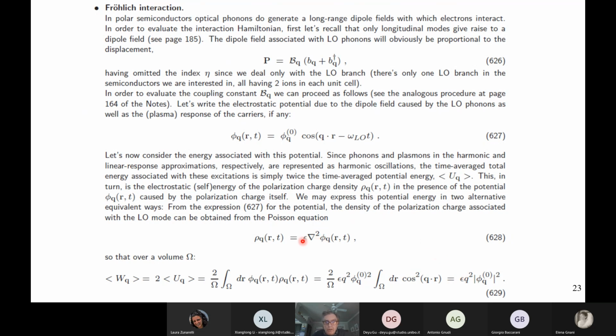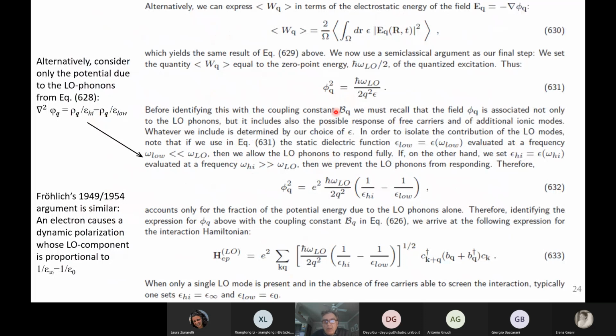So what we can do is actually isolate, if we wish, the potential due only to the optical phonons themselves. So we write Poisson equation instead of the way I wrote it before by subtracting the charge that we have when the phonons do not respond from the charge that we have when the phonons respond.